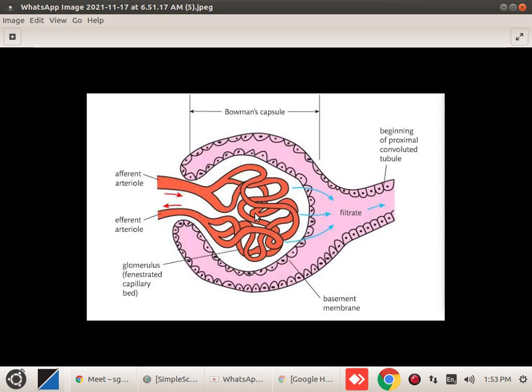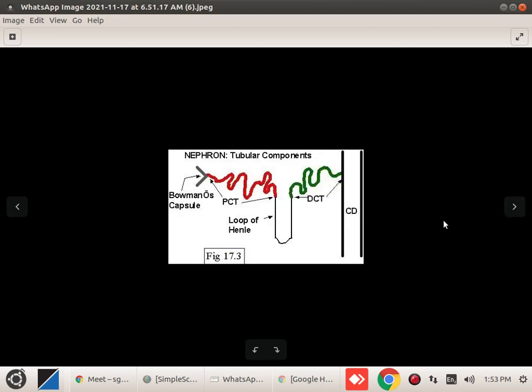So that is a very interesting thing. The ultrafiltration, formation of the nephric filtrate, takes place in the PCT, then reabsorption takes place, then tubular secretion. Basically 3 processes in the formation of urine. Okay, so let us again come to the topic. This is the structure part. I think this part must be clear. Excellent. I'm moving to the next slide.